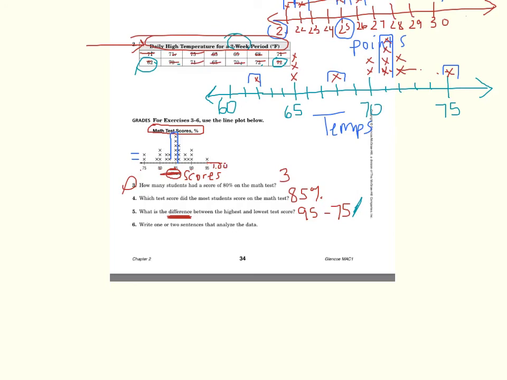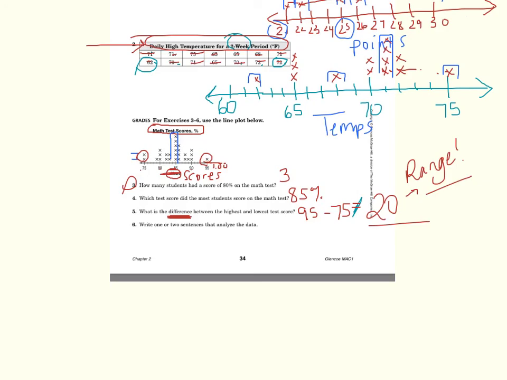You would use the biggest number that has an X minus the lowest number that has an X. 95 minus 75. So what's the difference? 20. What do we call that when we're talking about mean, median, mode, and range? We just found the range. So we'd say the scores range from 75 to 95.